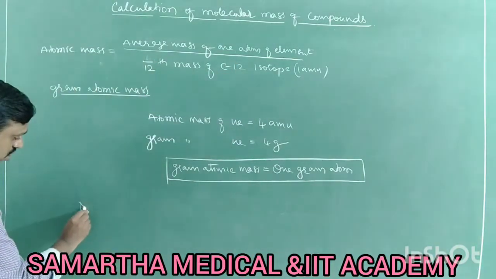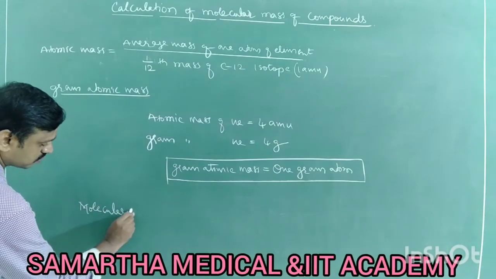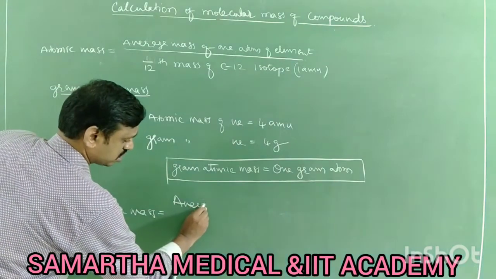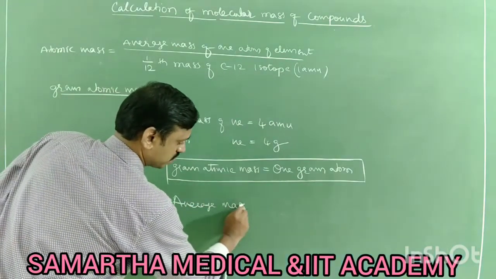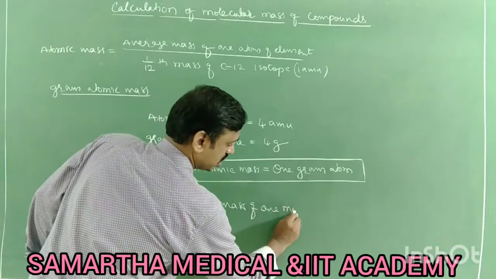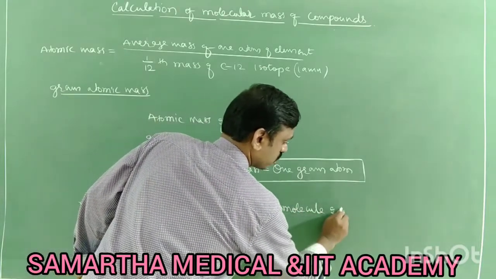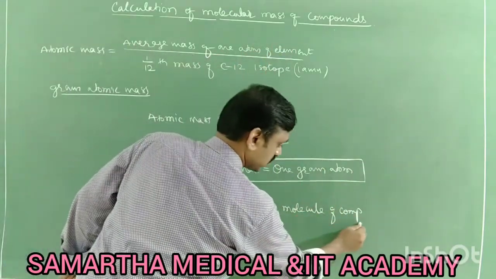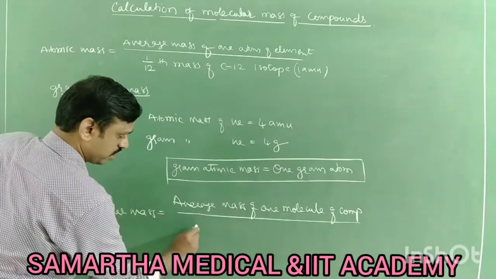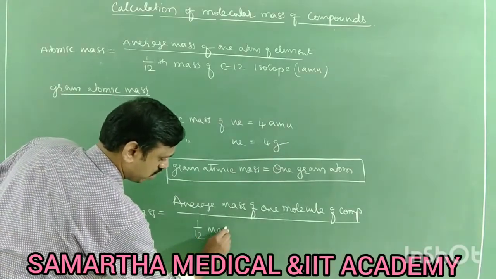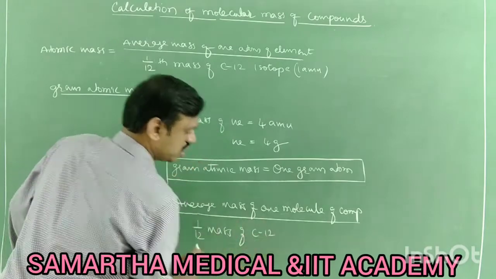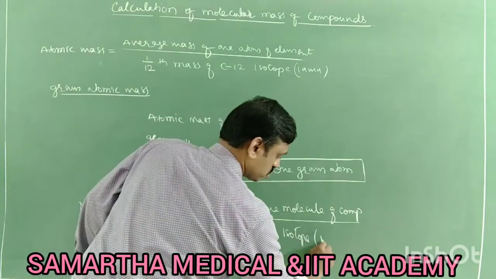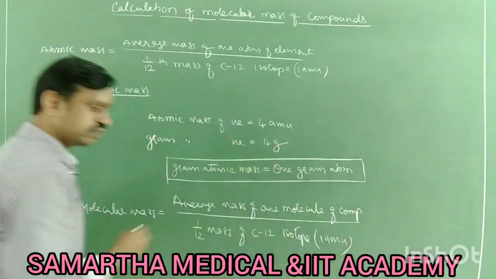That is the difference: a molecule of compound instead of one atom of element. This 1/12th mass of C12 isotope equals 1 AMU.